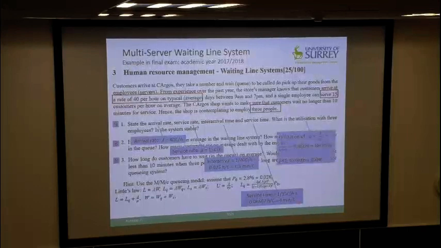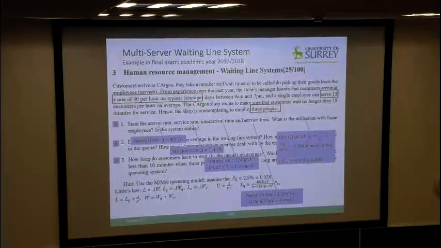Then is the utilization with 3 employees. The question is very clear: we need to calculate the utilization with 3 employees. That means we need to find the effective total service rate. For a single employee it is 15, and we have 3 employees, so 15 times 3 is 45.